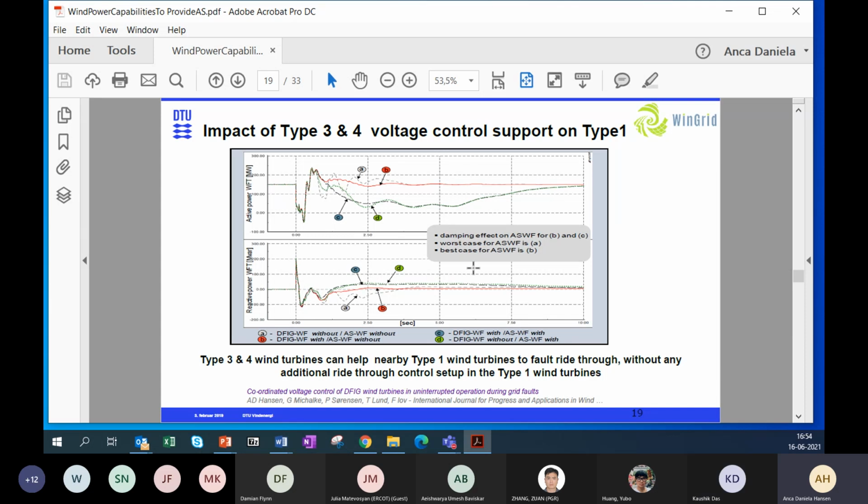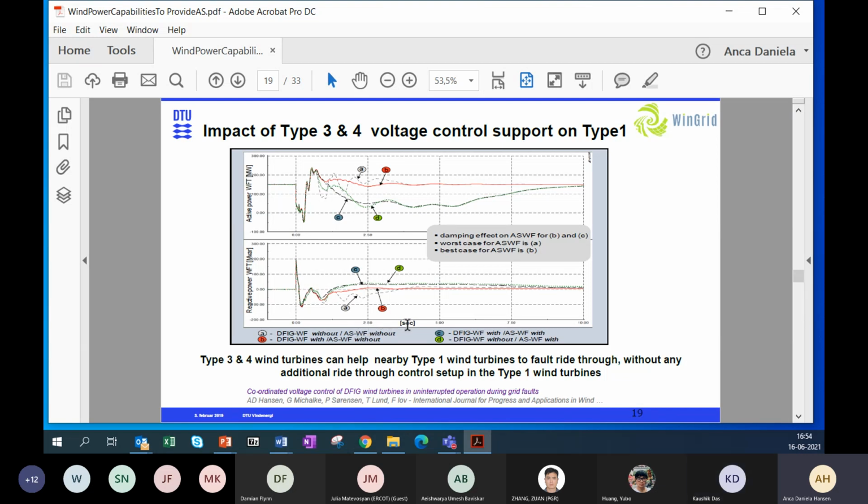So in principle, you can see 4 cases here: without voltage control in the type 3 and type 4, and with and without reduction of power in the active stall wind farm.